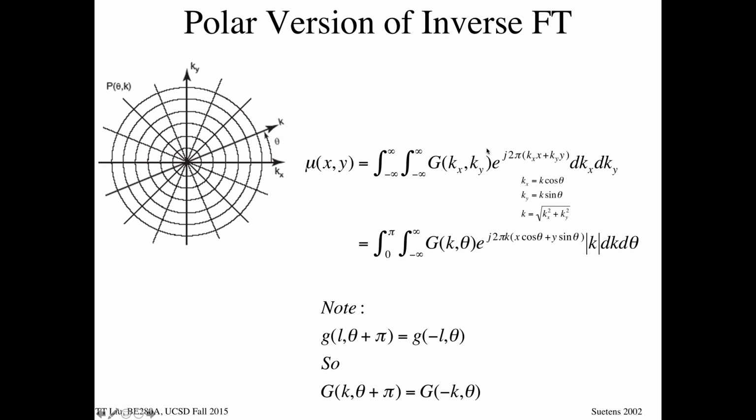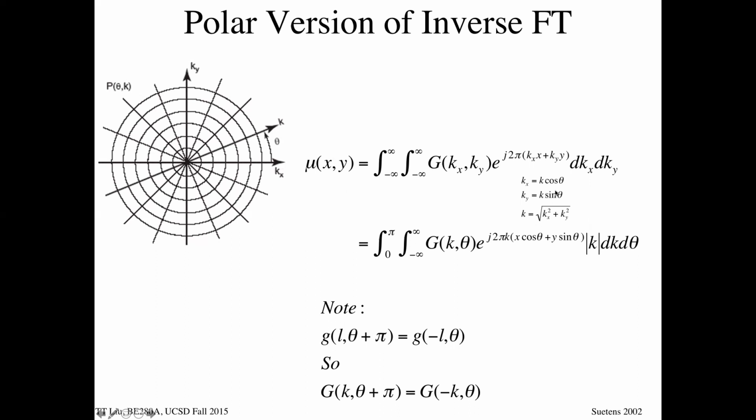This is the true Fourier transform of that object. This is the inverse Fourier transform operator to get back to that object. This is how you write down the inverse Fourier transform. We're going to go back to space and create mu(x,y).